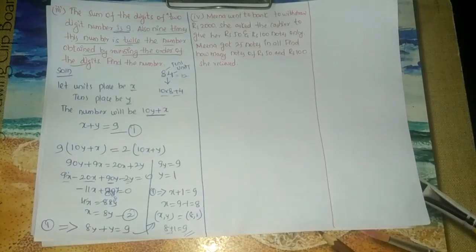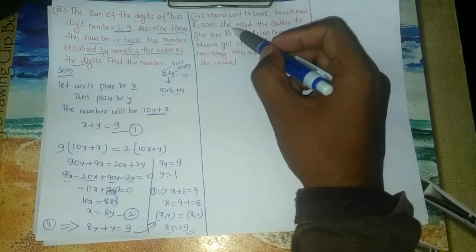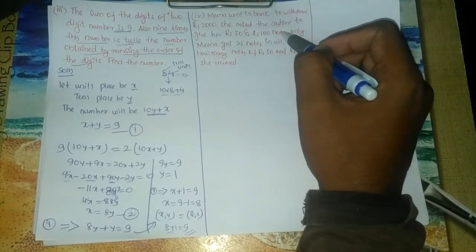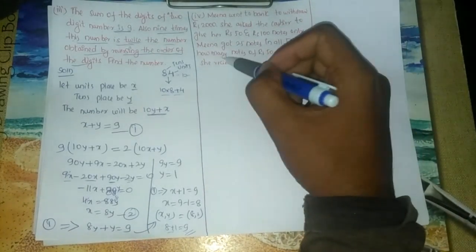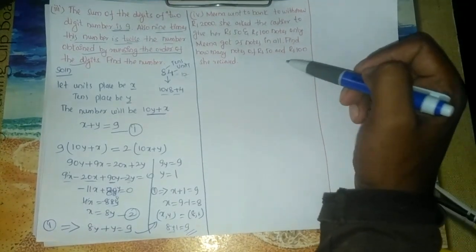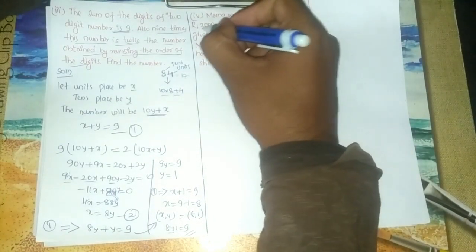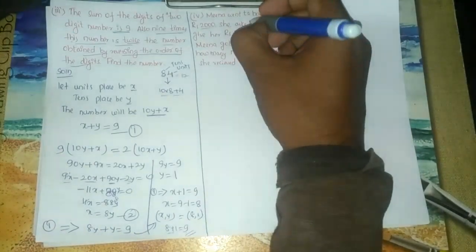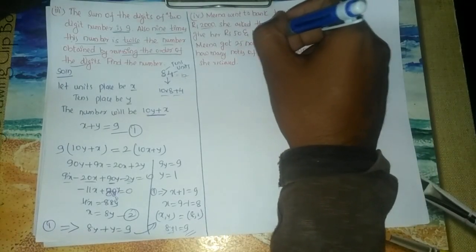Next question. Meena went to the bank to withdraw 2000 rupees. She asked the cashier to give her rupees 50 and rupees 100 notes only. Meena got 25 notes in all. Find how many notes of rupees 50 and rupees 100 she received. Here Meena withdraws 2000 rupees in some notes of rupees 50 and some notes of rupees 100.